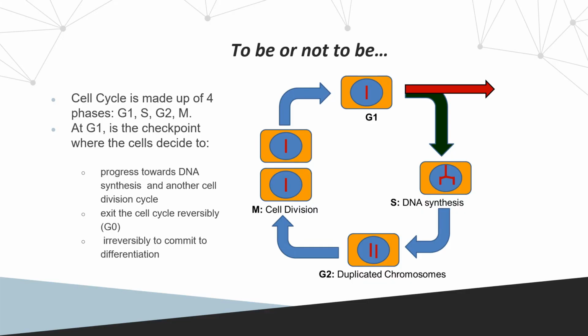The cell cycle is made up of 4 distinct phases: G1, S, G2, and M. It is at the G1 phase where the checkpoint lies, where the cells decide to either progress towards DNA synthesis and another round of cell division cycle, or to exit the cell cycle reversibly, which is considered the G0 phase, or to irreversibly commit to differentiation.